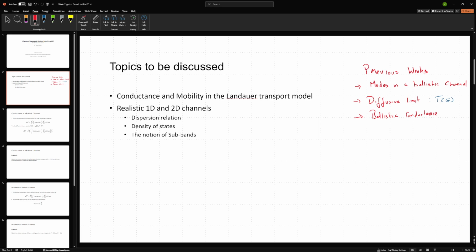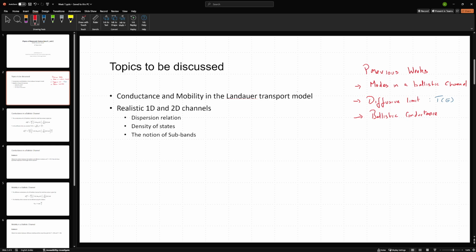For the low bias cases, we found that these current integrals and conductance integrals can be written in terms of the known standard Fermi integrals. Properties of these quantities have also been presented, and we have a rough overview between the lectures and these sessions. We know the basics of it, some essential properties.